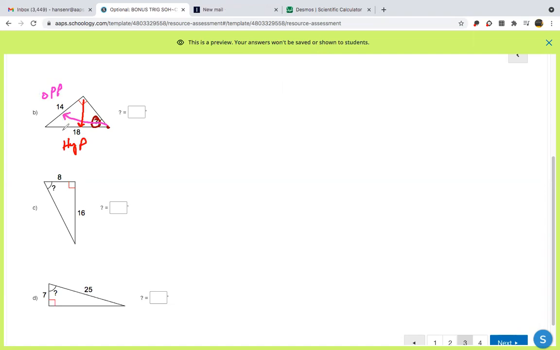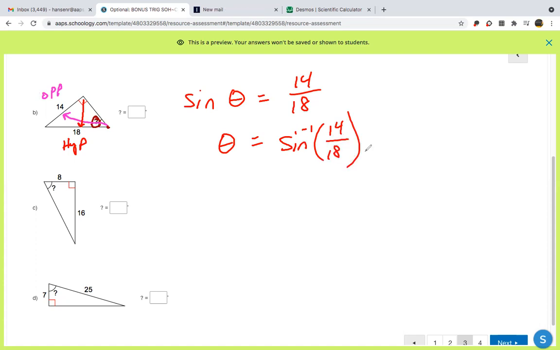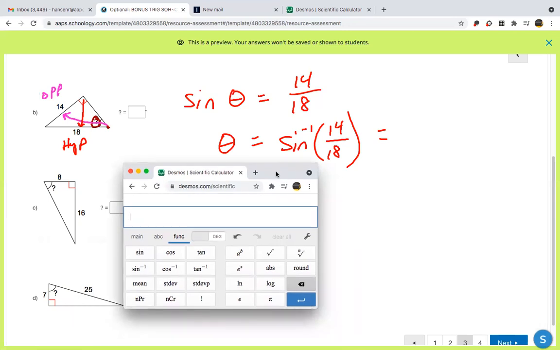Opposite hypotenuse is sine. So the sine of theta, this reference angle, is opposite, which is 14, over hypotenuse, which is 18. But again, since we're looking for the angle theta, you have to use inverse sine of 14 opposite over 18 hypotenuse. So if we get out our trusty calculator again, drag that over here.